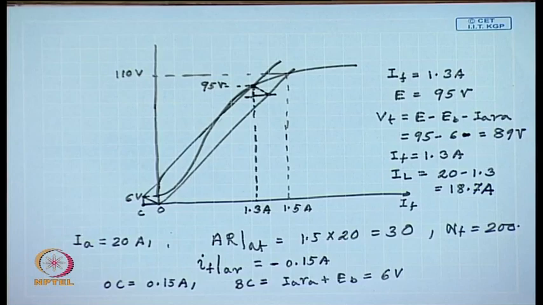This is how one can calculate the terminal voltage of a DC shunt generator.